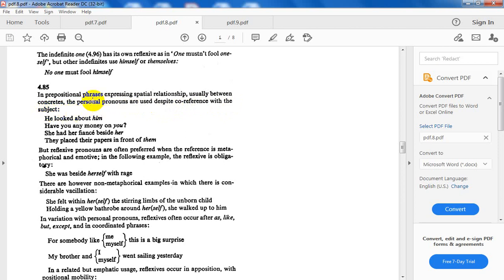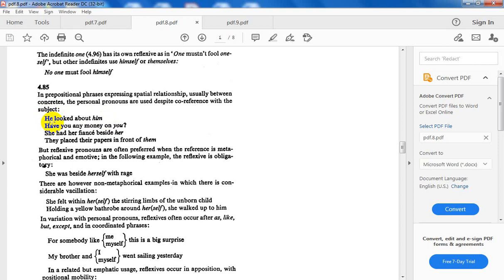You see, the personal, not the reflexive, the personal. He looked about him. Him, by the way, referring back to he. Okay, to he. Why? Because of what?